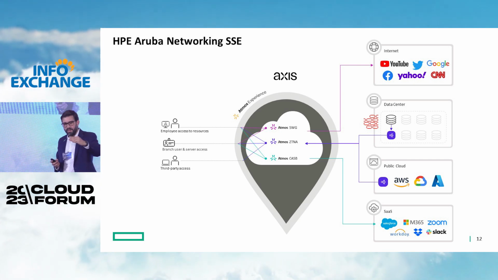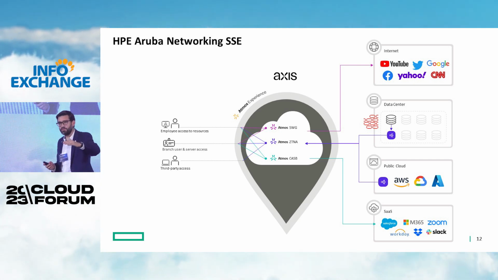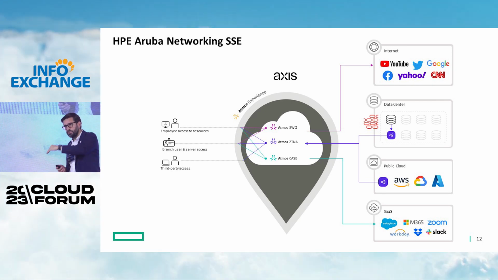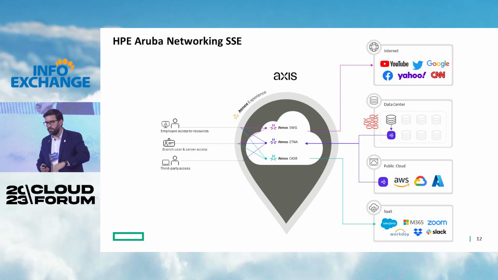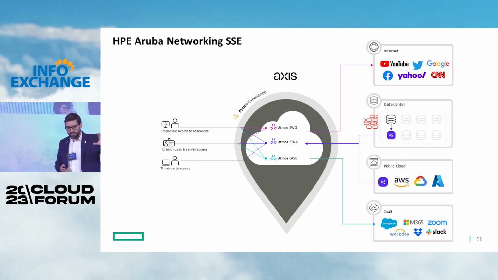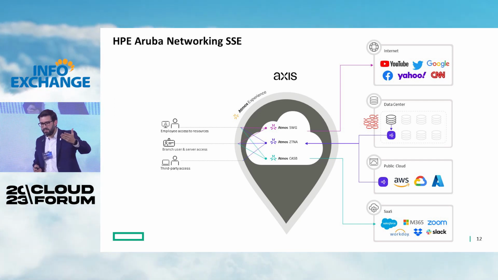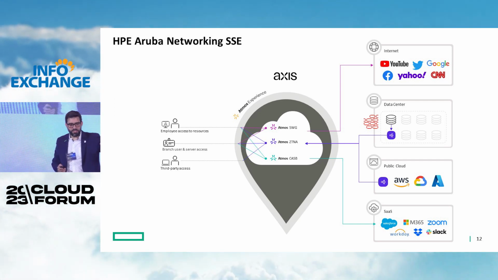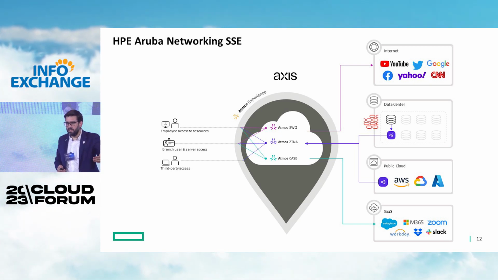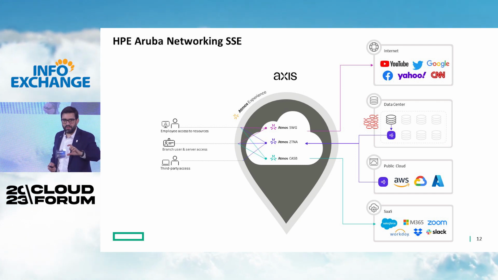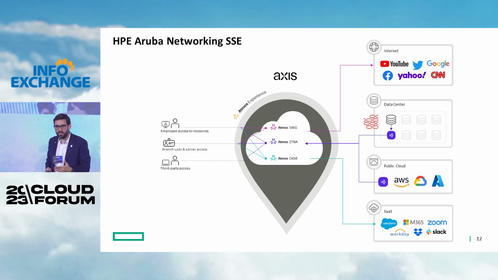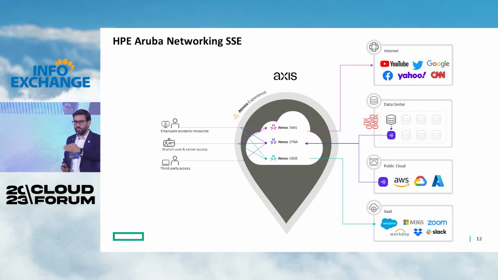But on top of that, how can we secure all of the access that goes into the public cloud, into software as a service, but also the hybrid cloud, all of the services that are being deployed locally in a data center. So using the HPE Aruba Networking SSE, it basically doesn't matter if it is an employee, a device, or a user that is just visiting. We identify the traffic that is coming through because we can listen to the traffic and identify the header of the traffic, and then based on that, where we are going to route that information.